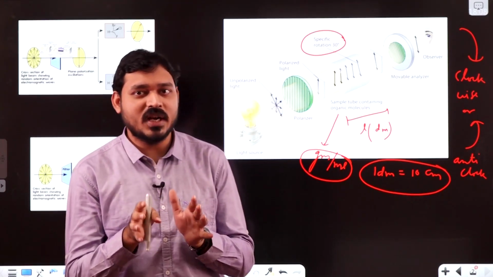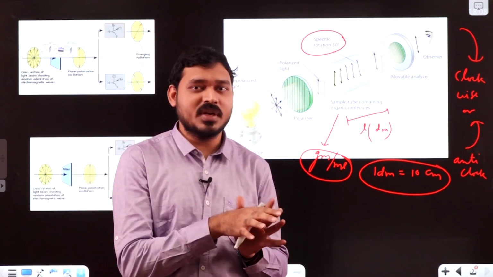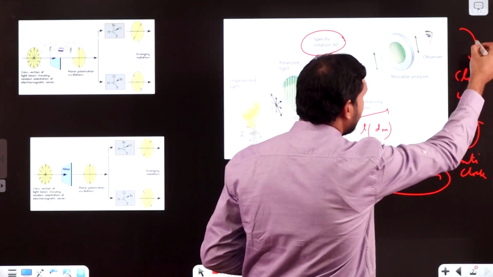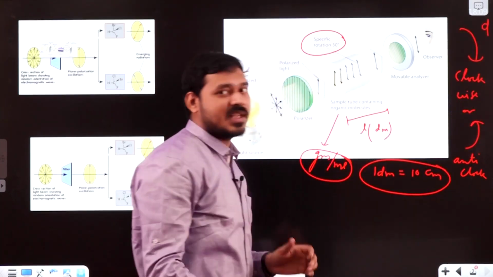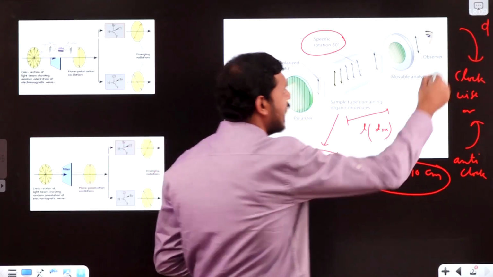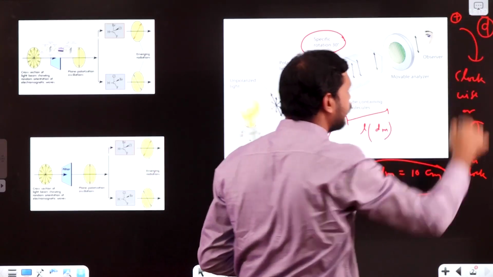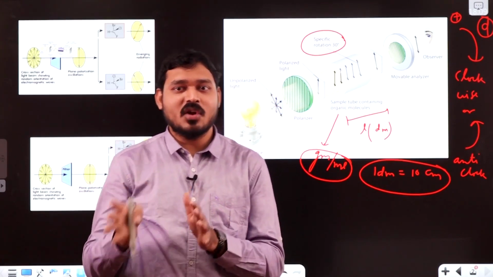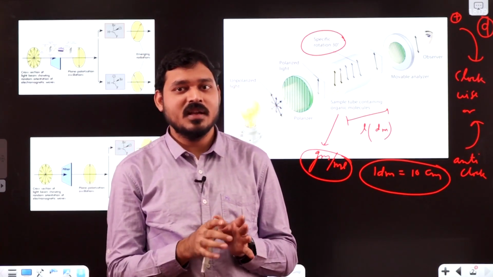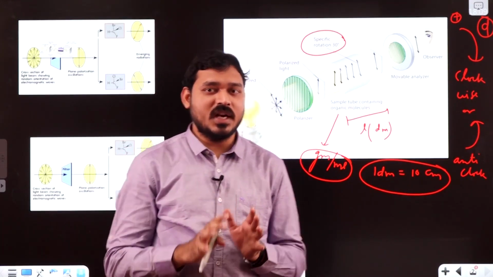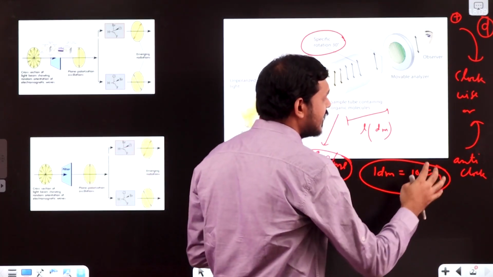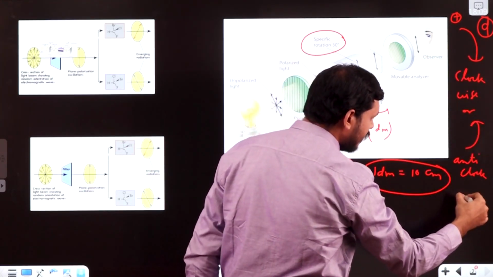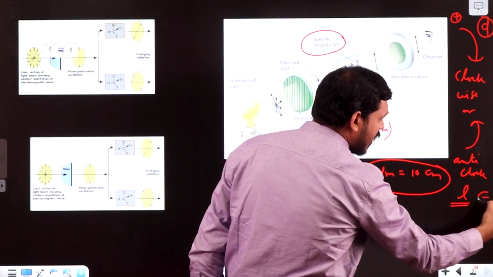If a substance is rotating the PPL in clockwise direction, then it is called a dextrorotatory substance, which is represented by small d or plus symbol. If a substance rotates the PPL in anti-clockwise direction, then it is levorotatory, represented by small l or minus symbol.